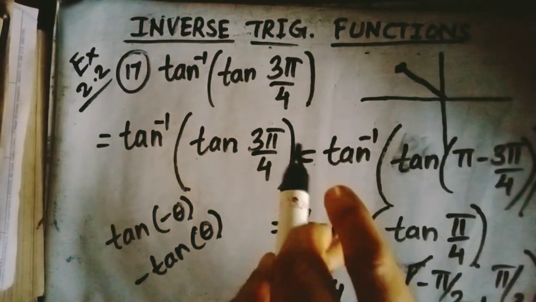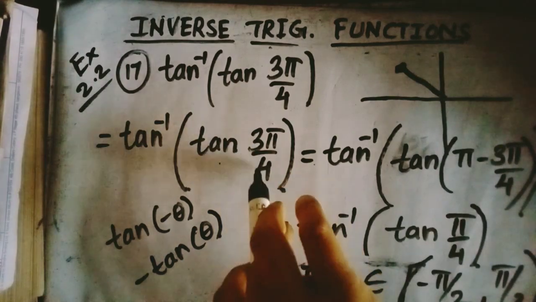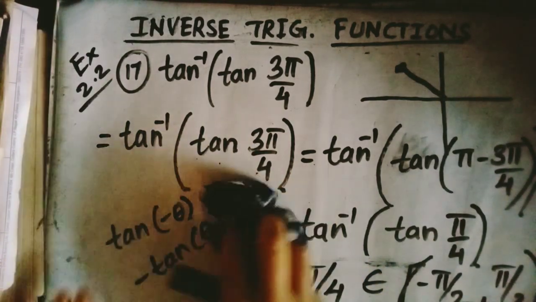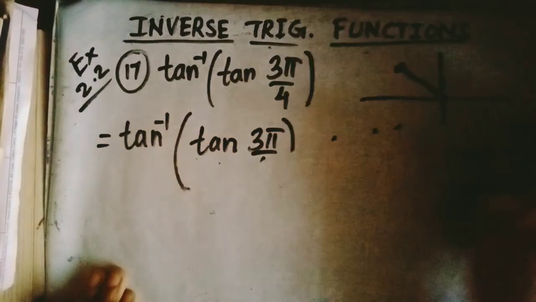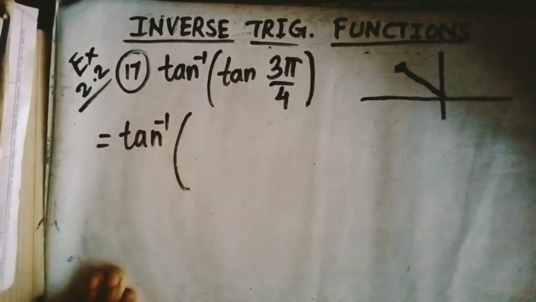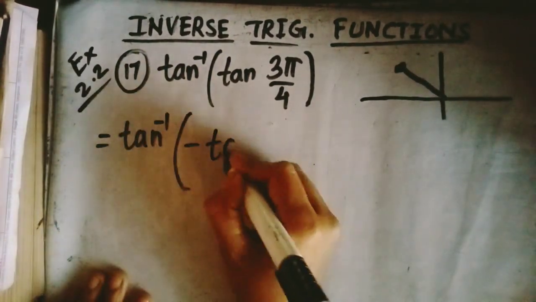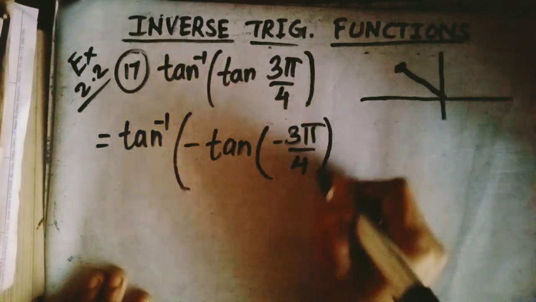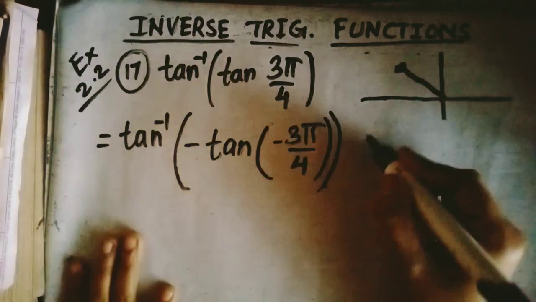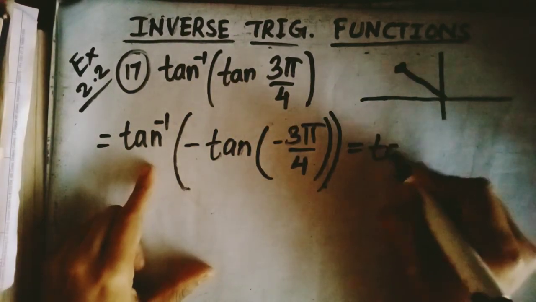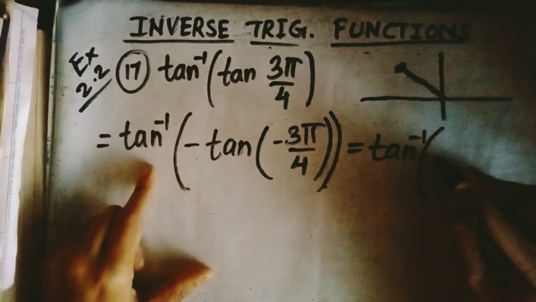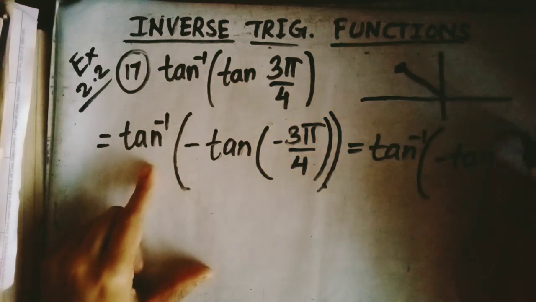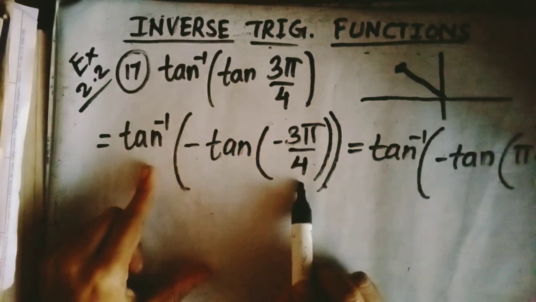So while writing tan 3 pi by 4, since it is in the second quadrant, we have to write minus tan of minus 3 pi by 4. We can write this directly as pi minus pi by 4, because this automatically comes to 3 pi by 4.